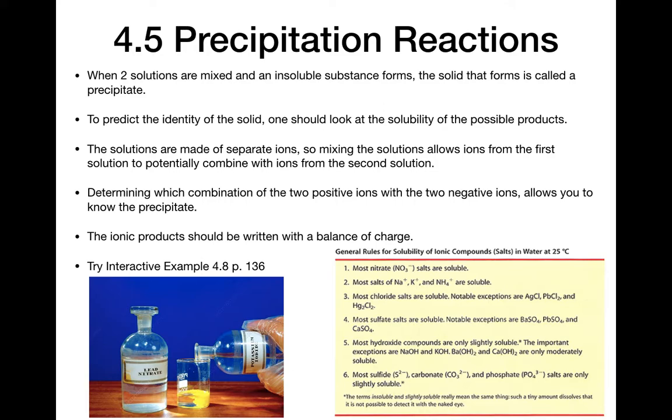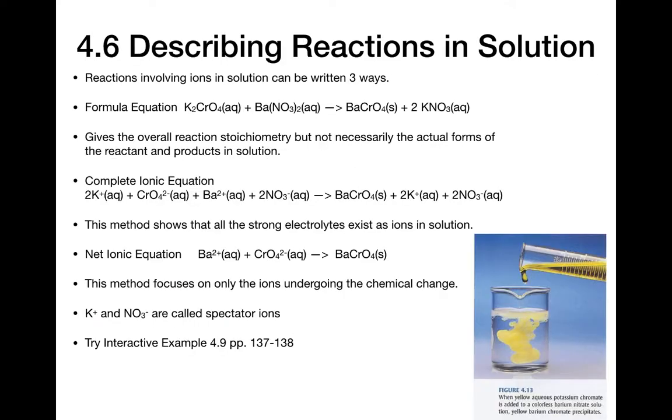Anytime you have ionic products, you always want to balance the charges. So a +2 ion and a -3 ion, you're going to have 3 +2s and 2 -3s. So our first attempt at a precipitation reaction, you can try the interactive example 4.8 on page 136. Now, to describe precipitation reactions in solution, there are actually three different types of equations that can be written to do that.